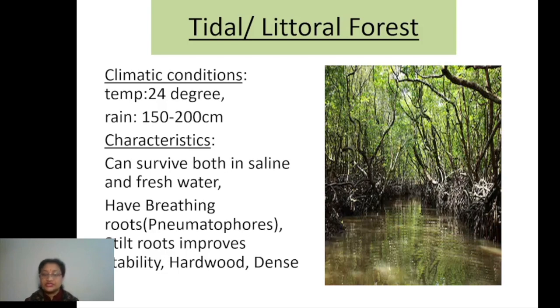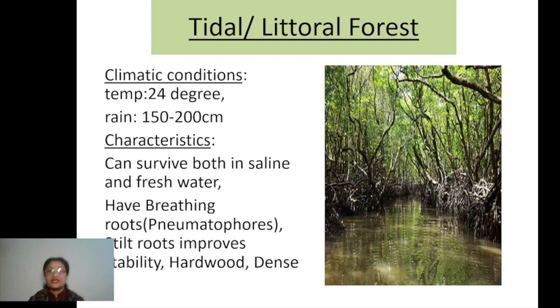In swampy conditions, children, the plant or the tree is actually in danger of survival, because proper air circulation is not there, so that the roots will get the carbon dioxide or oxygen. So for that purpose, what is done here? This is another example of adaptation found in this type of vegetation.